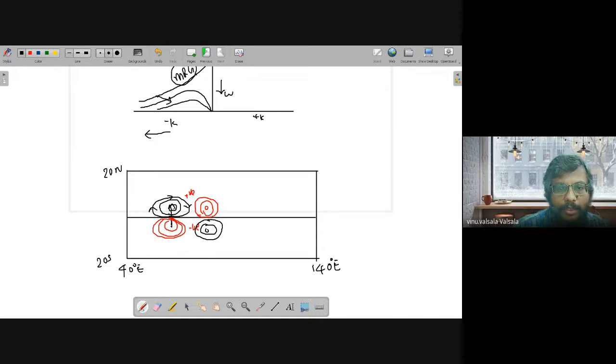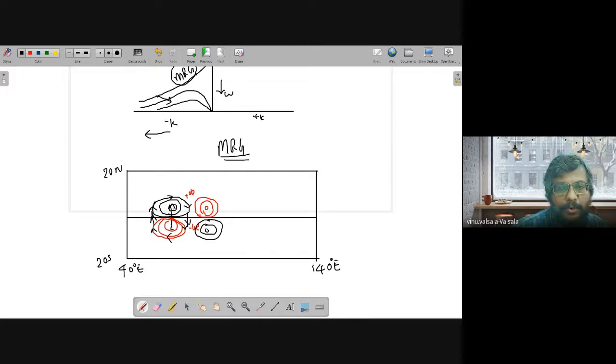If it is a low pressure here in the south, what will be the direction of water circulation? The pressure gradient is inward, so it has to circulate to the left. So again there will be a circulation in this direction in the southern part of the wave. So basically there will be a cross equatorial flow set up by this type of wave. This is the typical mixed Rossby gravity wave, and this is very common. Why this is common we have to discuss.